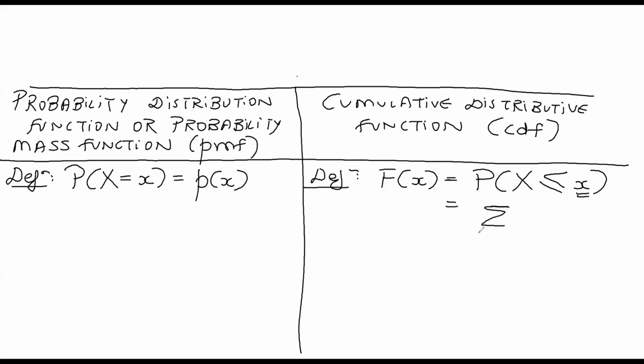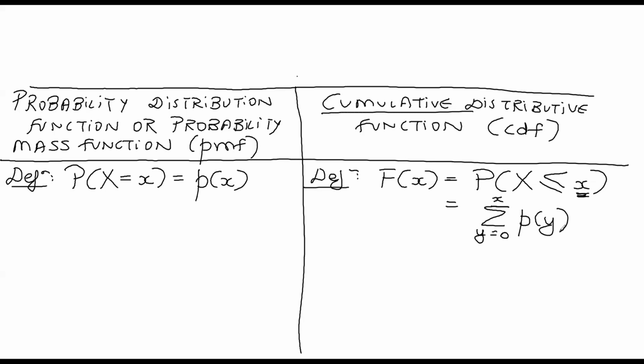Summation as y goes on from 0 to this small x p of y. Because what is the meaning of cumulative? Cumulative means you're adding up. It's accumulating. Probability that capital X takes the value less than equal to small x. Another way of saying it, as y goes on from 0 to this small x p of y. You are adding it up.